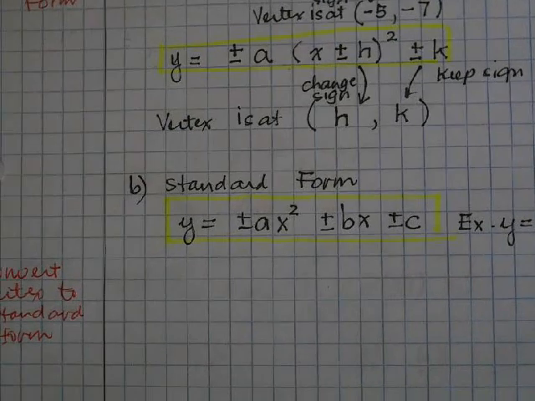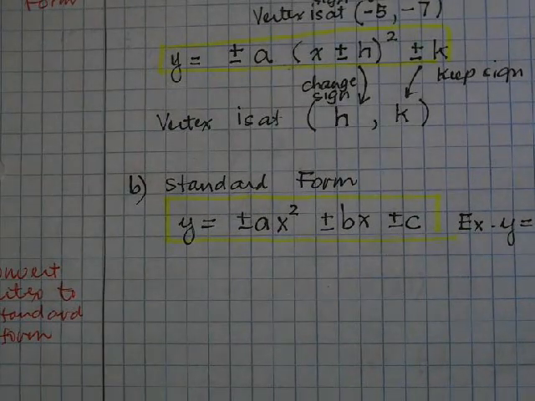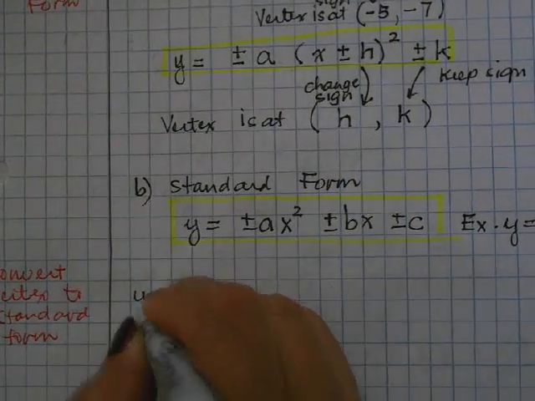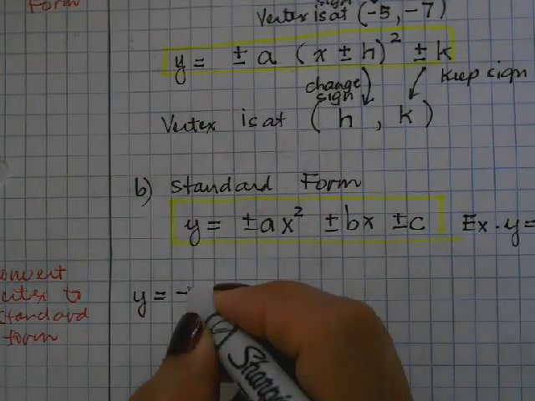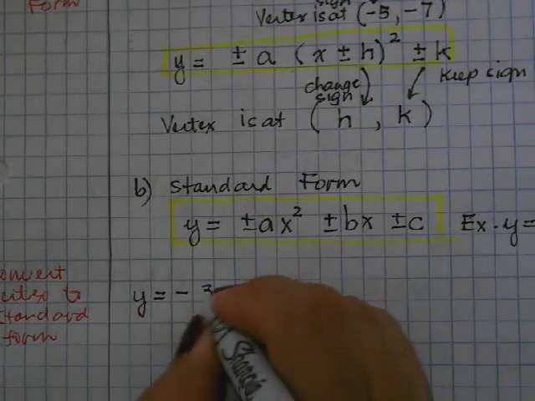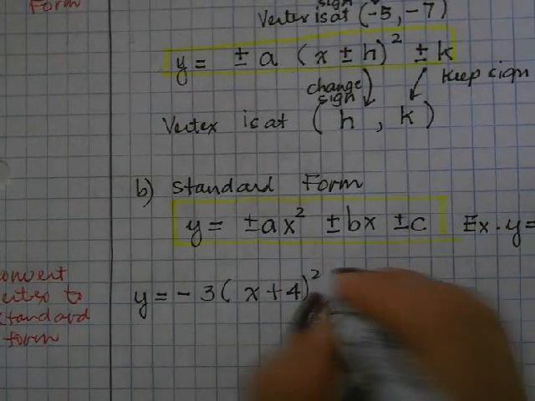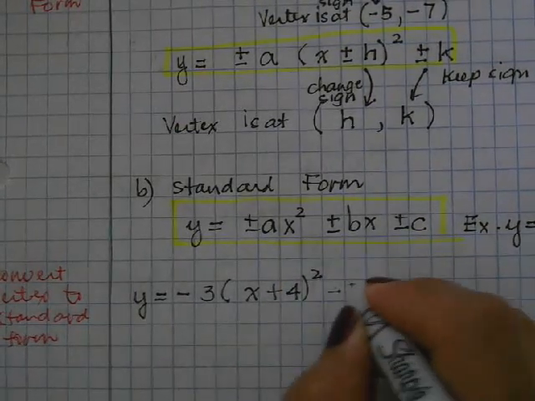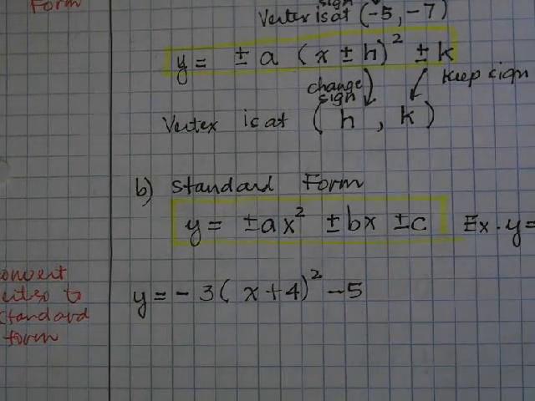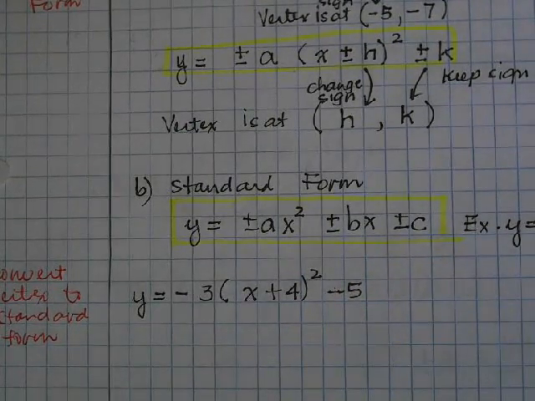I'll give you a vertex form. Let's say your vertex form is this: y equals negative 3 times x plus 4 squared minus 5.